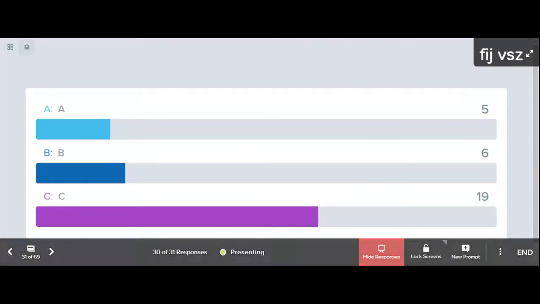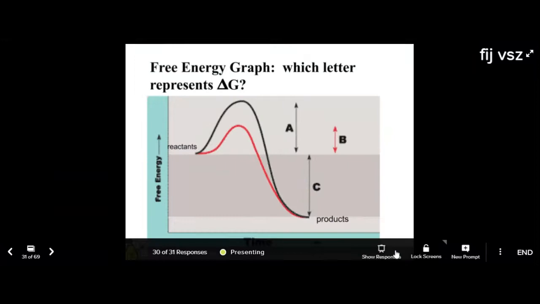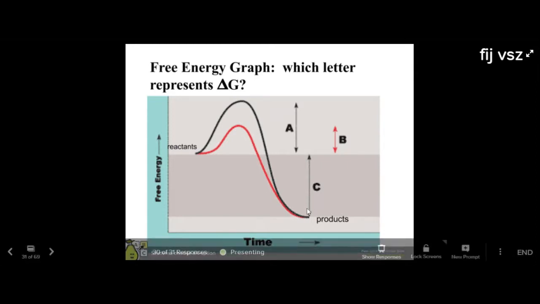Okay, so I believe, hold on, let me go back to, yeah. It's C. C is the one, okay? So this right here, C is the delta G. And the delta G, remember, is the difference between the energy stored in the products and the energy stored in the reactants. So your X value here is time. This is just something that's happening over time, the time lapse of a chemical reaction or a chemical change.